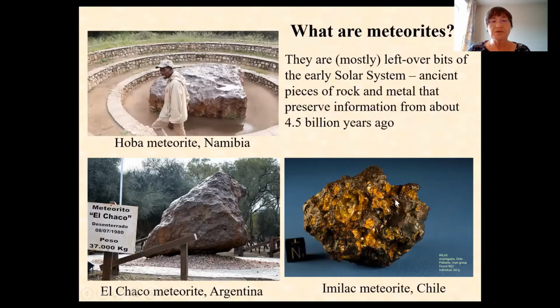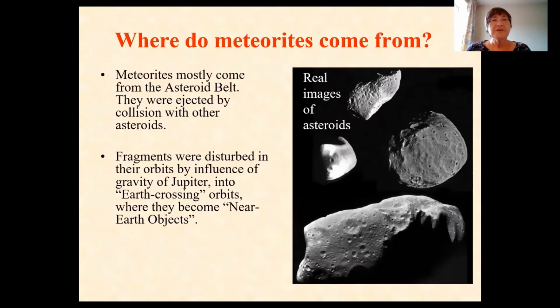And then the smaller ones tend to be either metal and silicate, metal and olivine in this case. This beautiful yellow colored mineral here is olivine, the rest of this is metal, or completely composed of the silicate minerals, the rocky minerals.